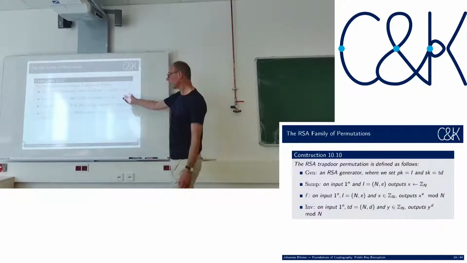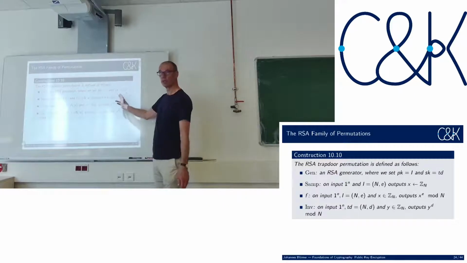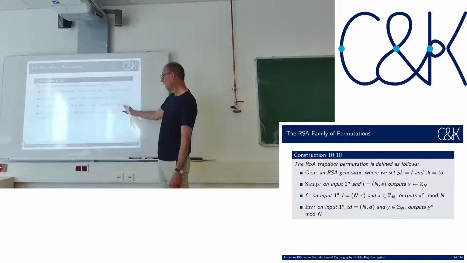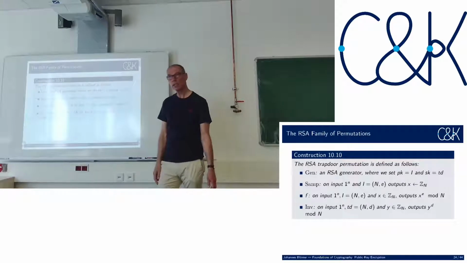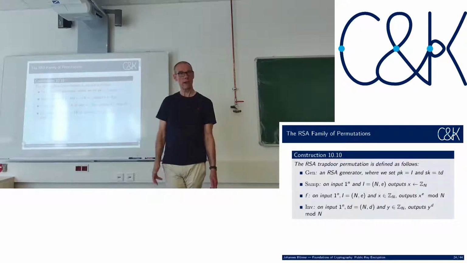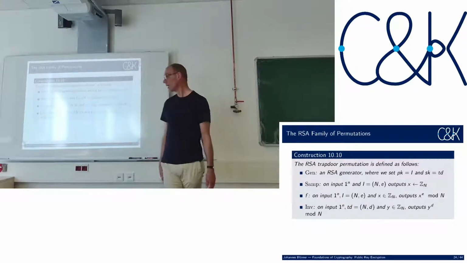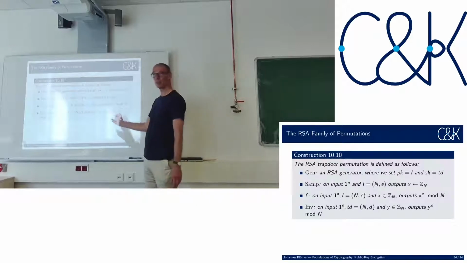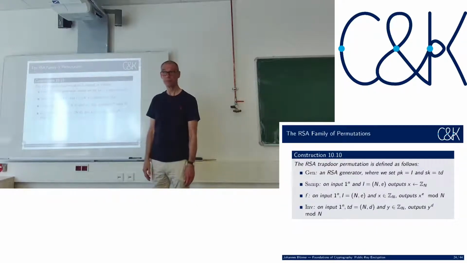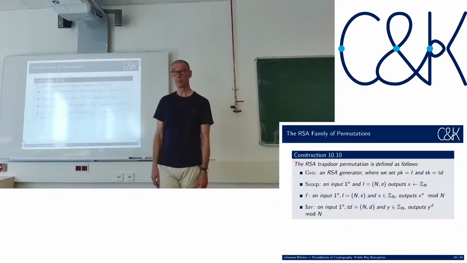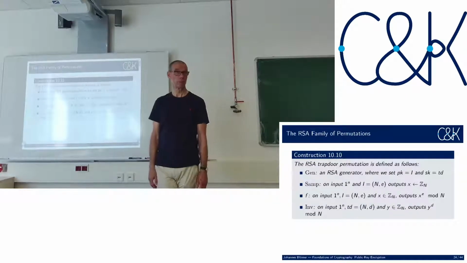The sampling, as I explained before, is done uniformly at random on Z_n. F_i of x is simply x to the e. And the inverse is simply y to the d mod n. We saw that this really inverts the whole thing.